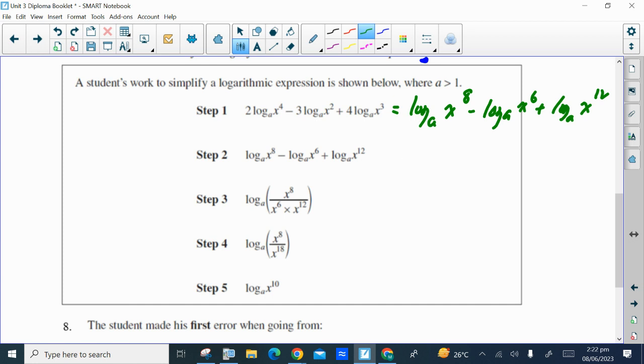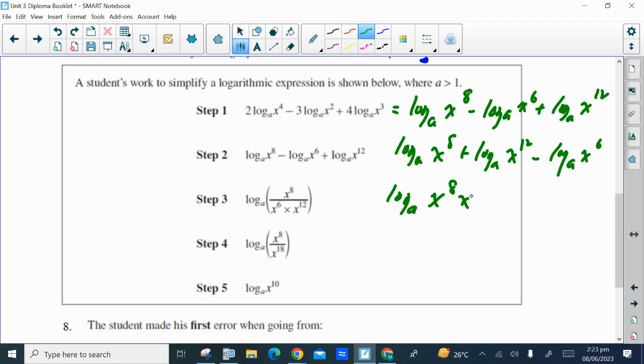I would rearrange the terms to put the positive ones first. And now, because you are dealing with logs all with the same base, you can use the appropriate laws. It'll be log of x to the 8th times x to the 12th divided by x to the 6th.